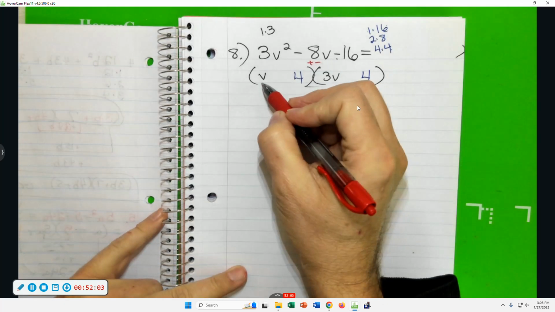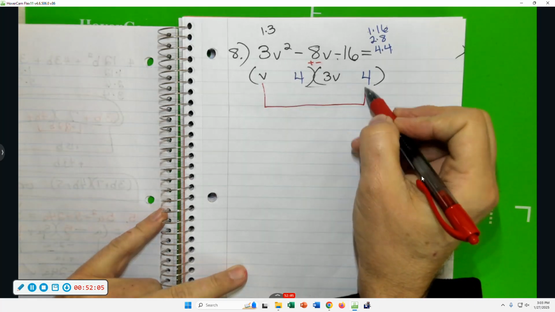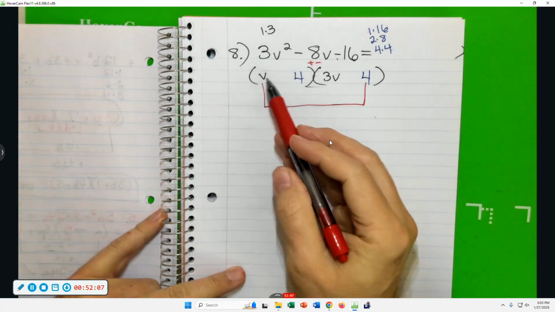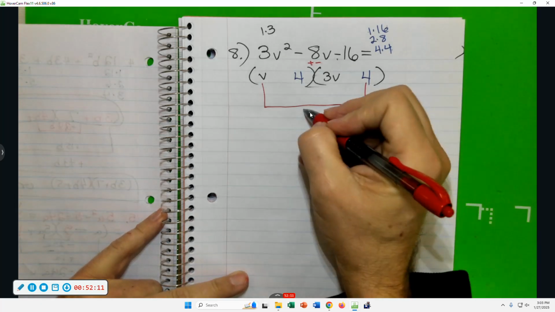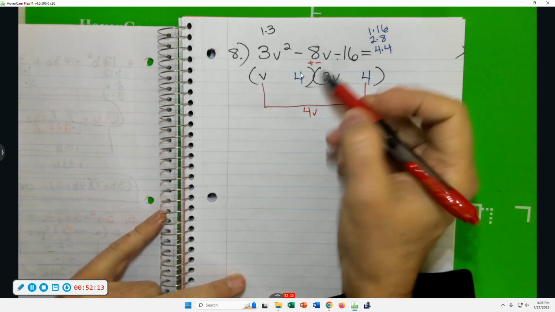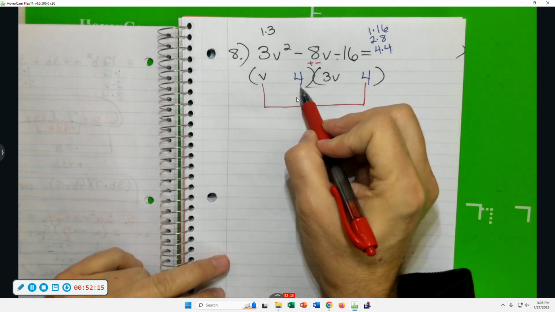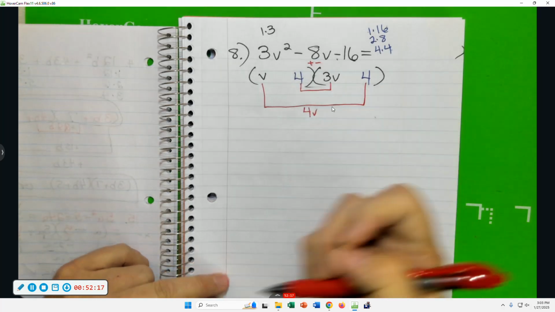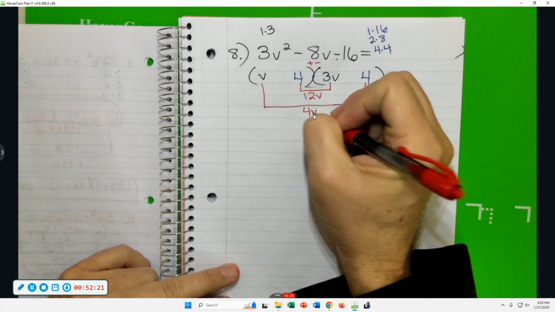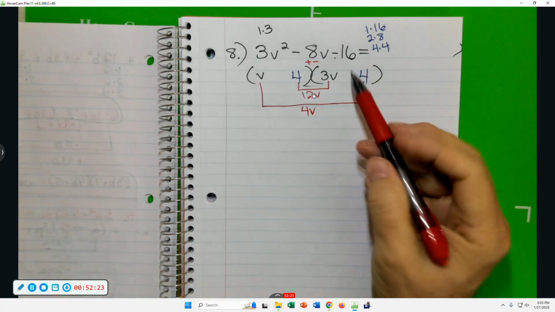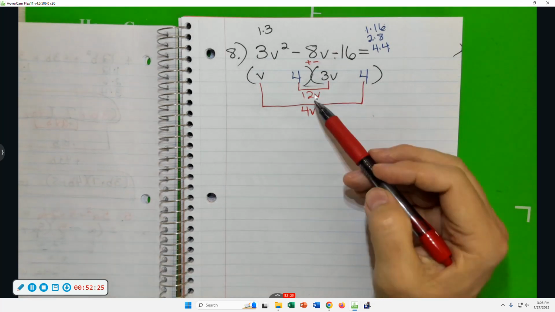What's the outer product? 1v times 4 gives me what? 4v. What's the inner product? 4 times 3v, 12v. And remember, when the last sign is a minus, what are you going to do?